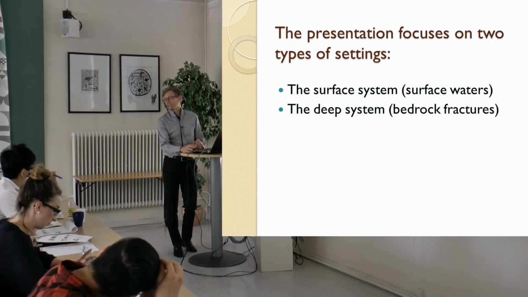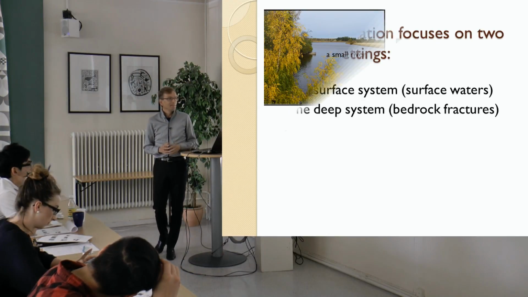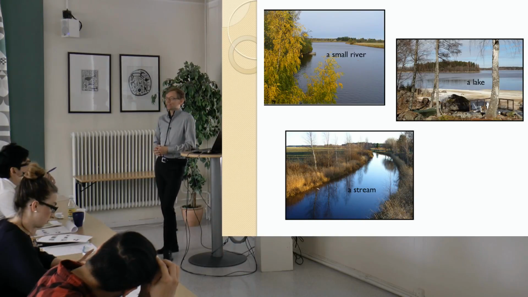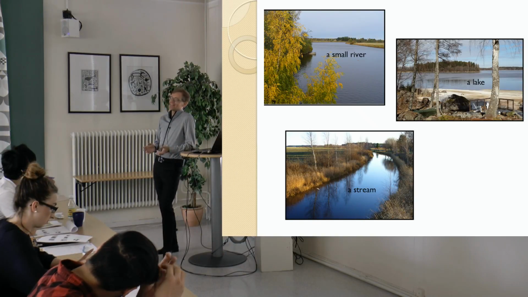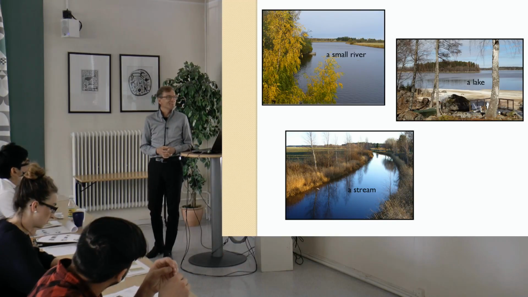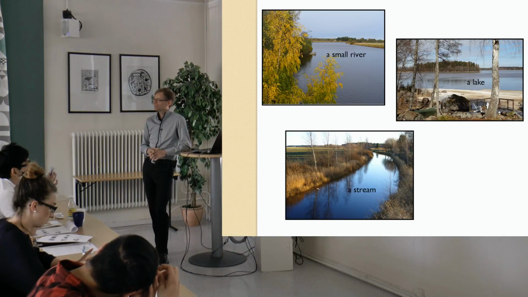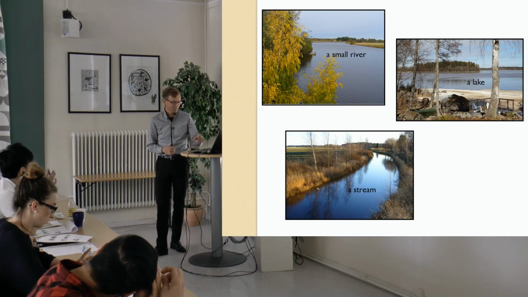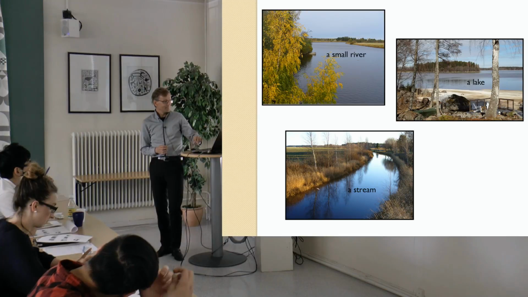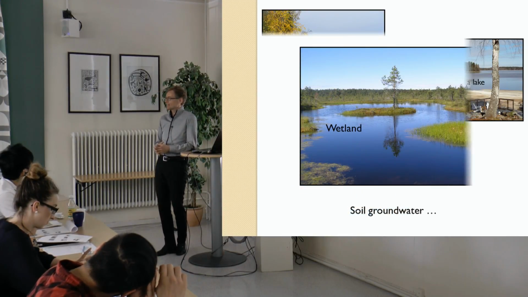So also this first part of the presentation then about the surface system. And as you all know, surface waters look like this, more or less. River, a lake, stream, you all know that. Another kind of surface water which we have here is also wetlands.